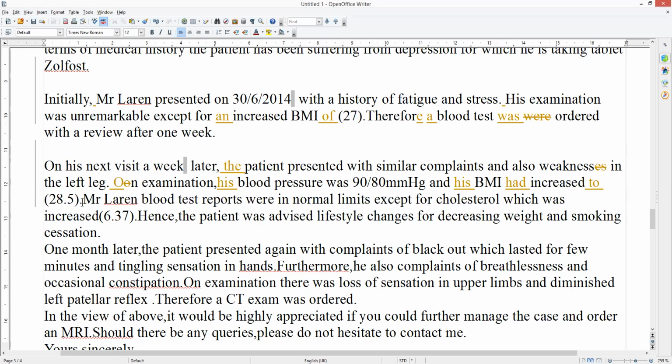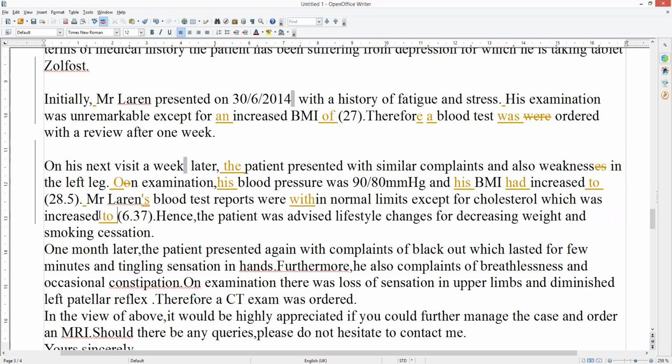Don't write it like case notes. "Mr. Laron's blood test reports were within normal limits, except for cholesterol, which was increased to..." Okay. "Hence, the patient was advised lifestyle changes."